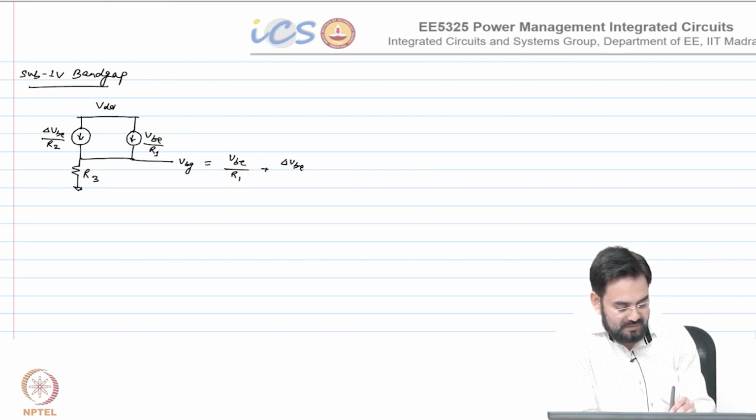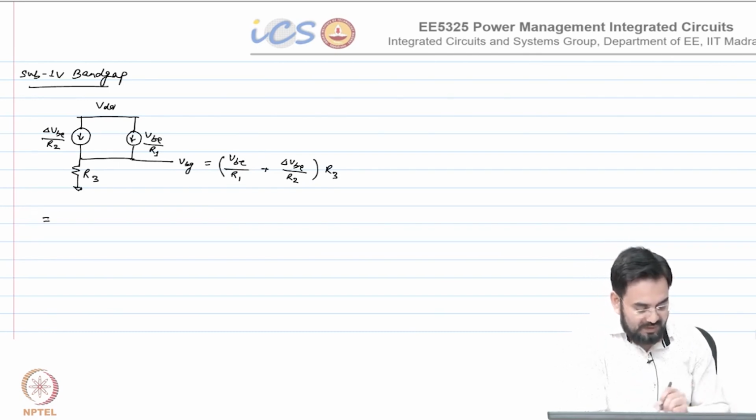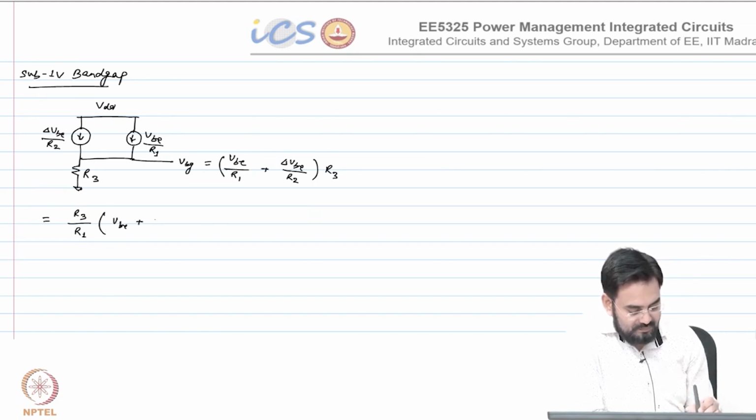Plus delta VB by R2. So what is delta VB? And what is this term?